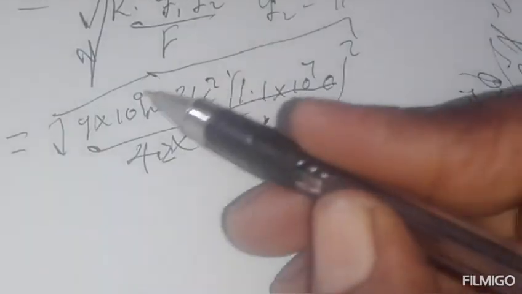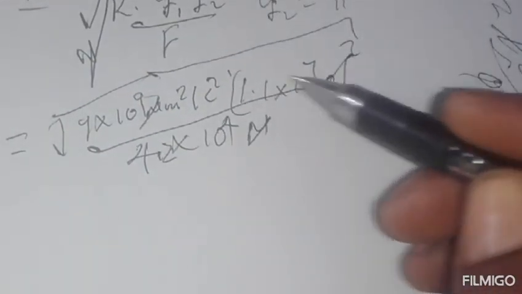So Newton will cancel Newton and Coulomb square will cancel Coulomb square, only meter will be left.